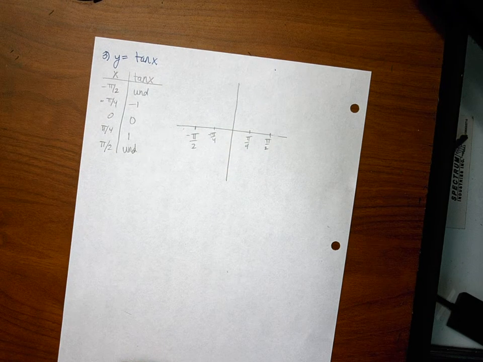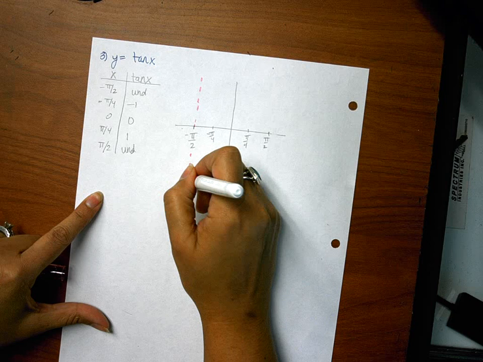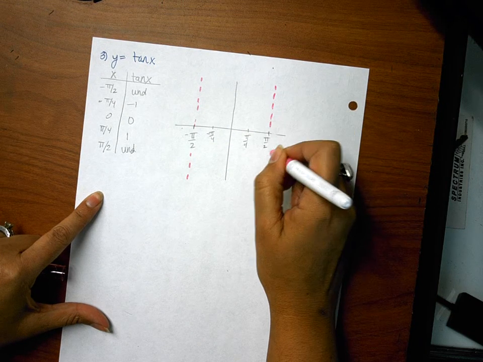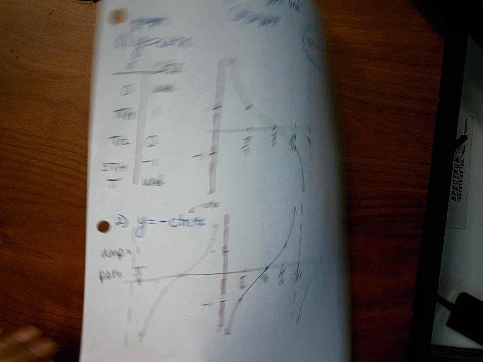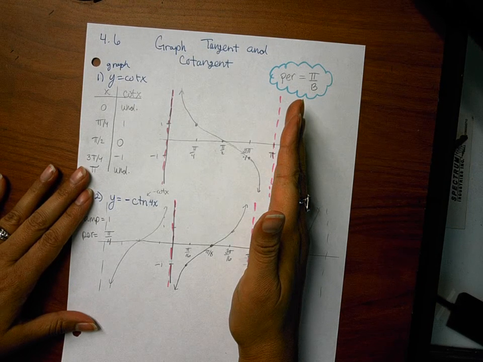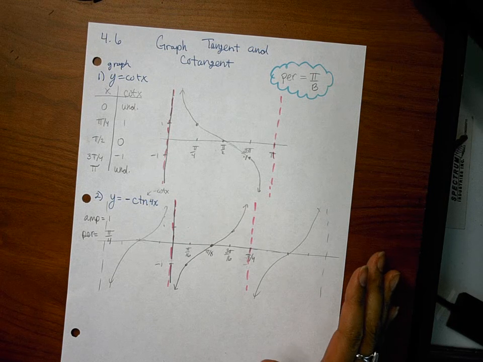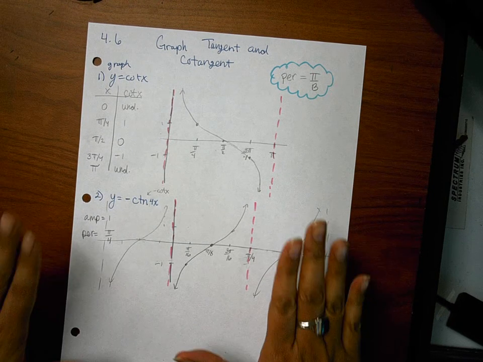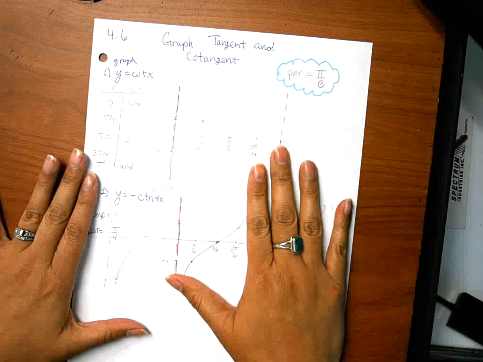And my start and my end are asymptotes just like they were with the cotangent graph. The only difference here is with the cotangent graphs, like I said earlier, you will always start at 0 and end at your period, unless there's horizontal shifts, in which case you treat it just like you would sine and cosine. So this graph, even though it looks different, is just like sine and cosine.